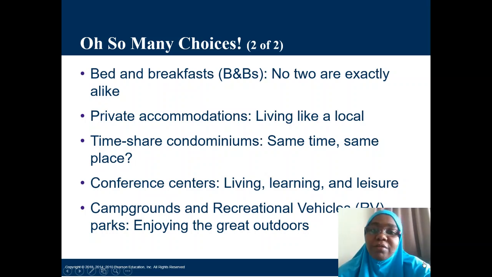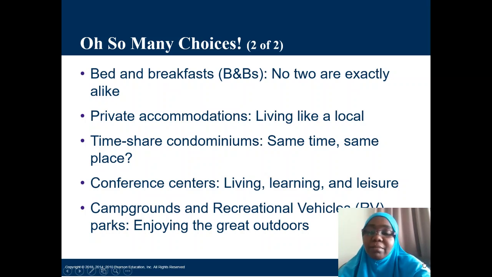Apart from that, we also have private accommodations, which are almost similar to bed and breakfast, but for private accommodations, the guests or customers stay in apartments offered by the owners. They are offered a place to stay in the home, and at times they may have other facilities apart from the bedding. It may have its own living room.